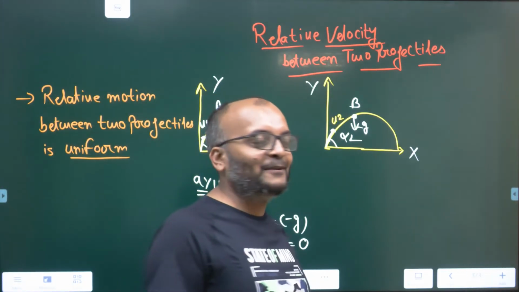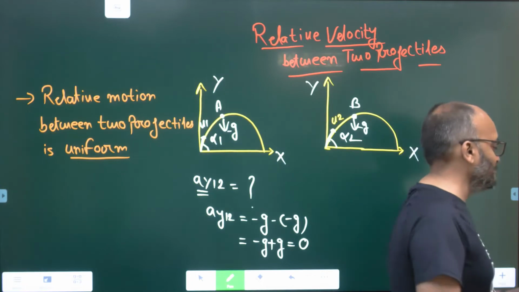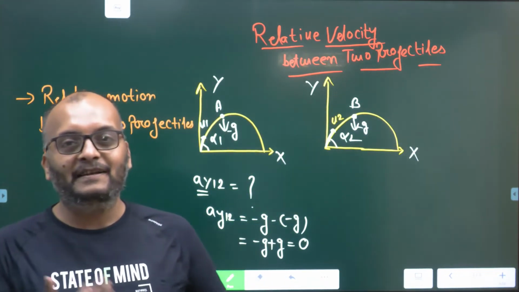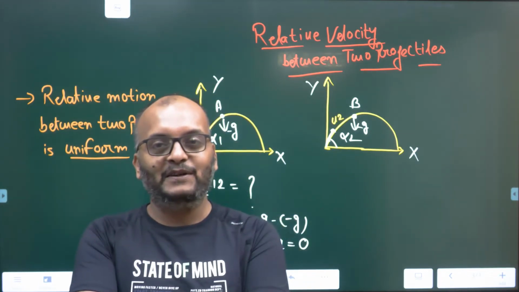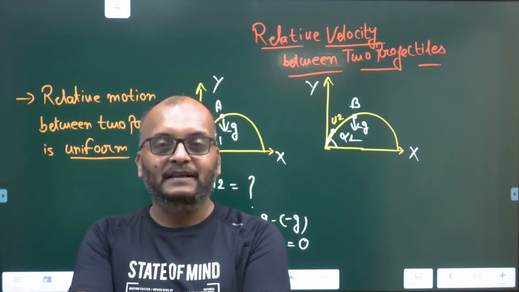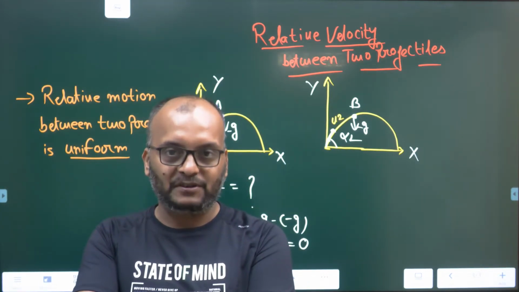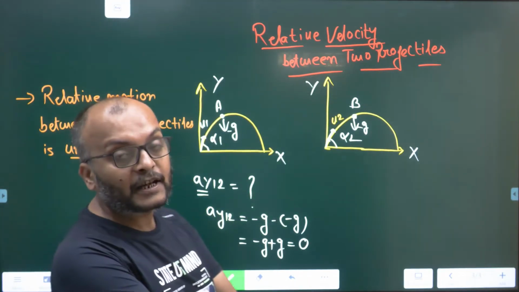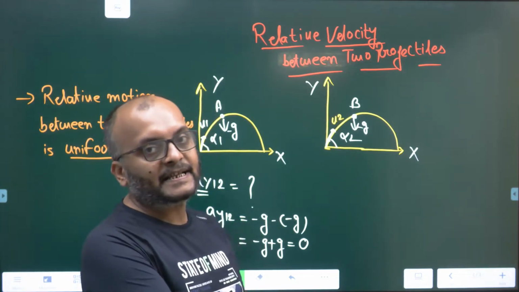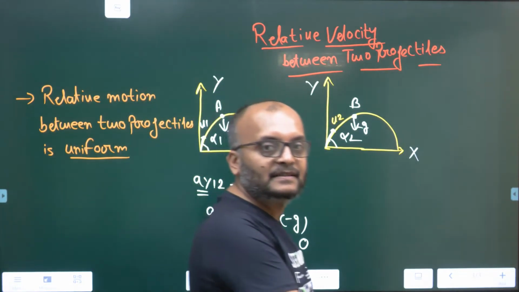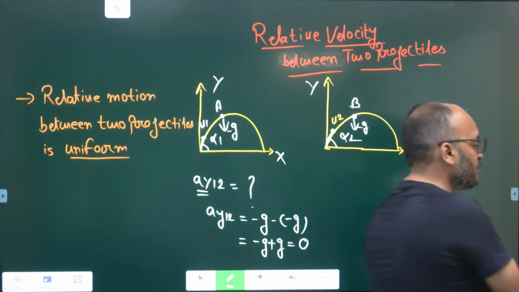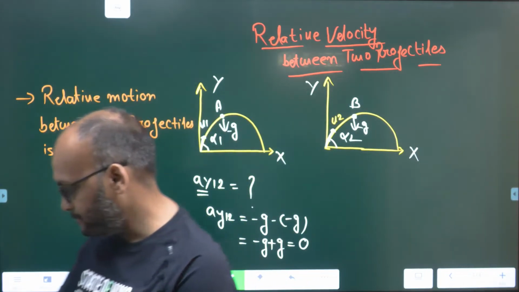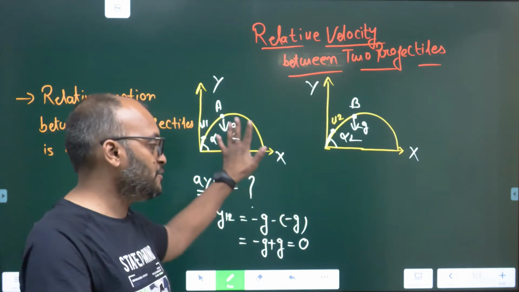So instead of leaving the class, just tell me that today sir is going too deep, I will abscond the class. Instead of that, you can tell me, I will not go to that depth. But I believe that if we are doing a topic, we should complete it to its fullness, so that whatever question comes, we can solve it.